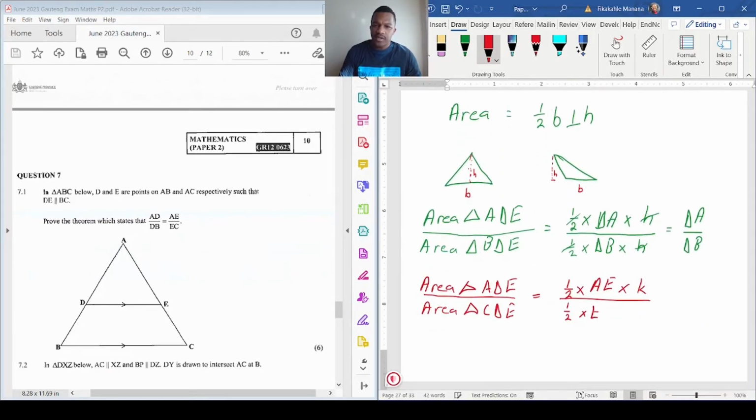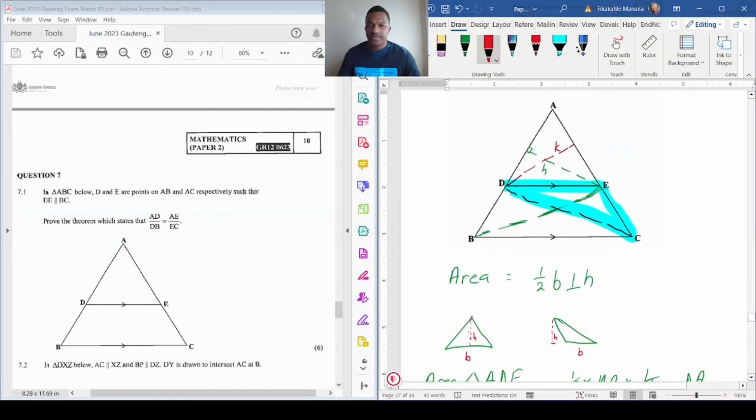So we have EC times the height of K, because it's a triangle like that, that perpendicular height is K. Once again, these two cancel each other, and then I'm left with AE over EC.